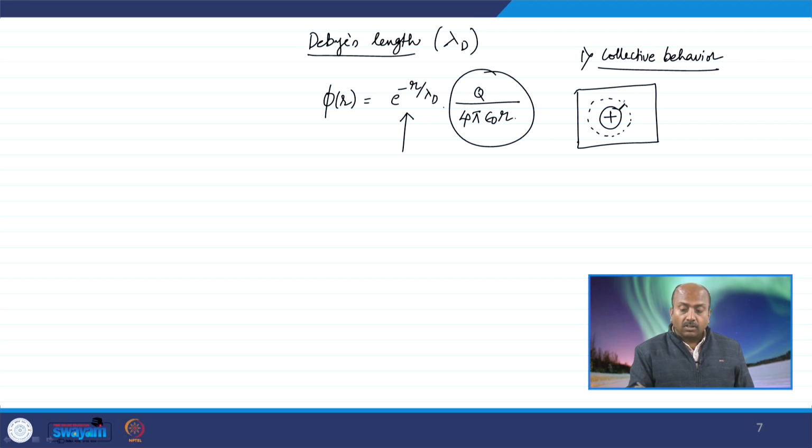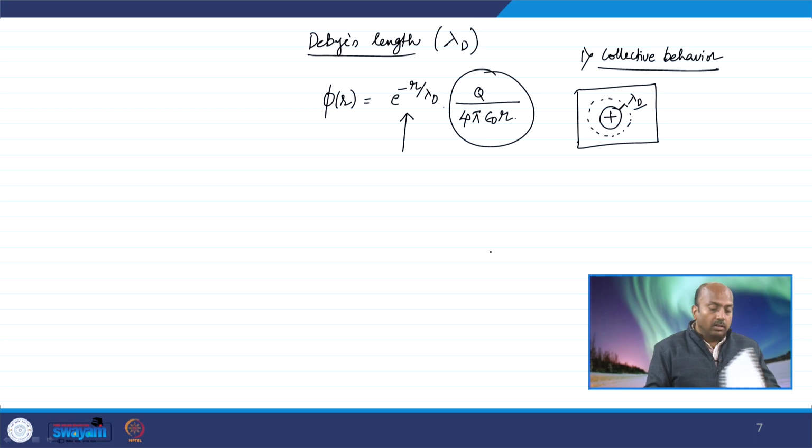So the radius of this cloud, or the spatial extent of this cloud, is given by lambda D. So what this expression shows is that up to a particular distance, the screening of the positive charge or the foreign charge can be felt. So this is the expression for lambda D, which is called the Debye length. The Debye potential is given here.